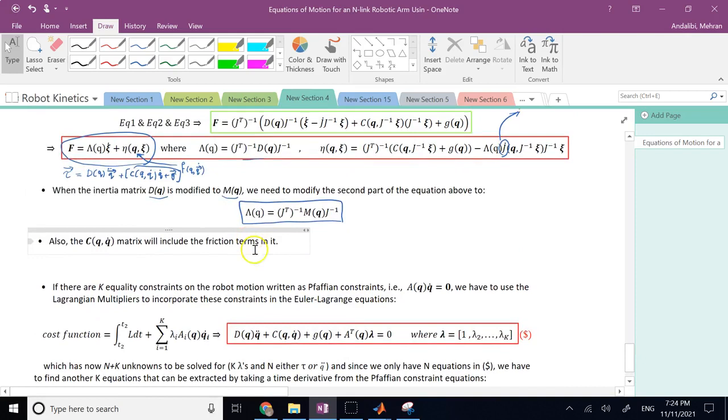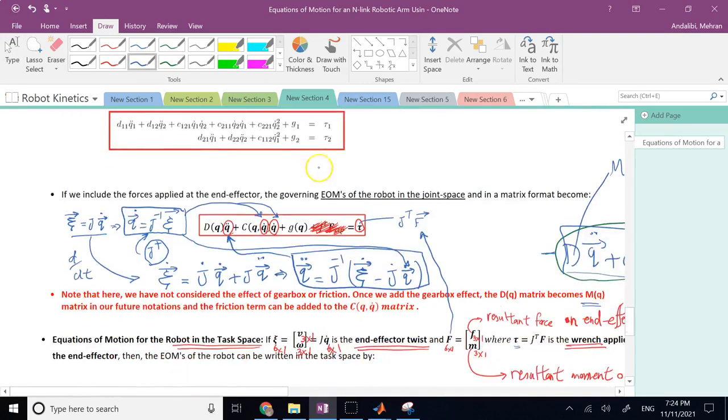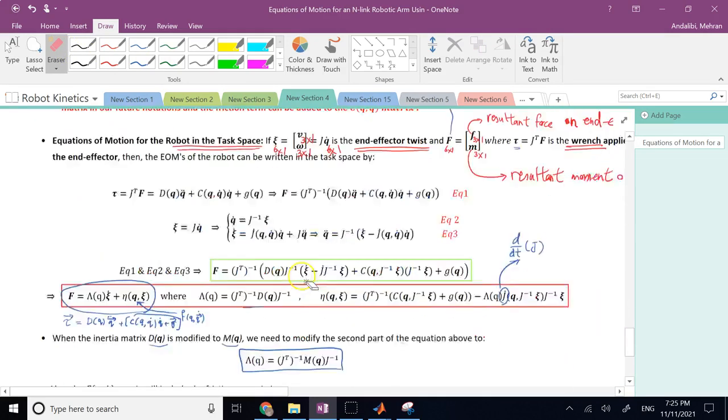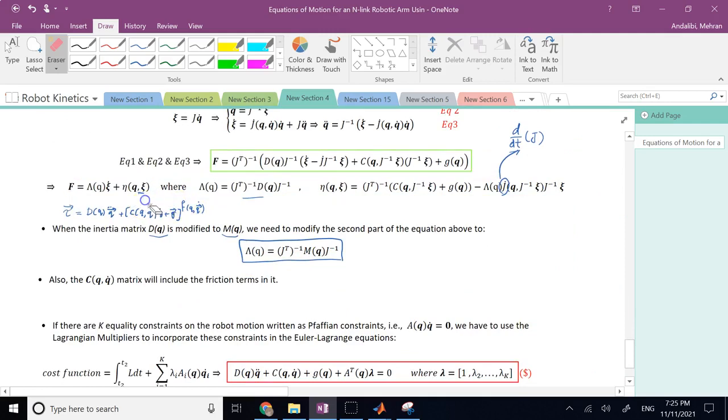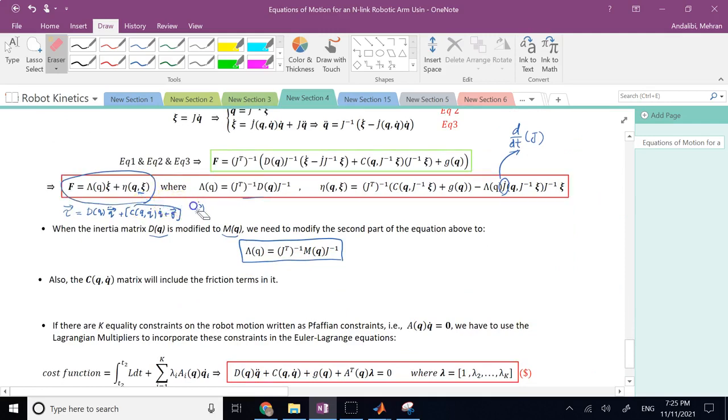Now, as I said, if you want to include that force applied to the end effector, that F of tip, that the end effector applies to the environment or vice versa, the reaction of that, all you need to add to this nice looking equation that we just derived is an extra F term.